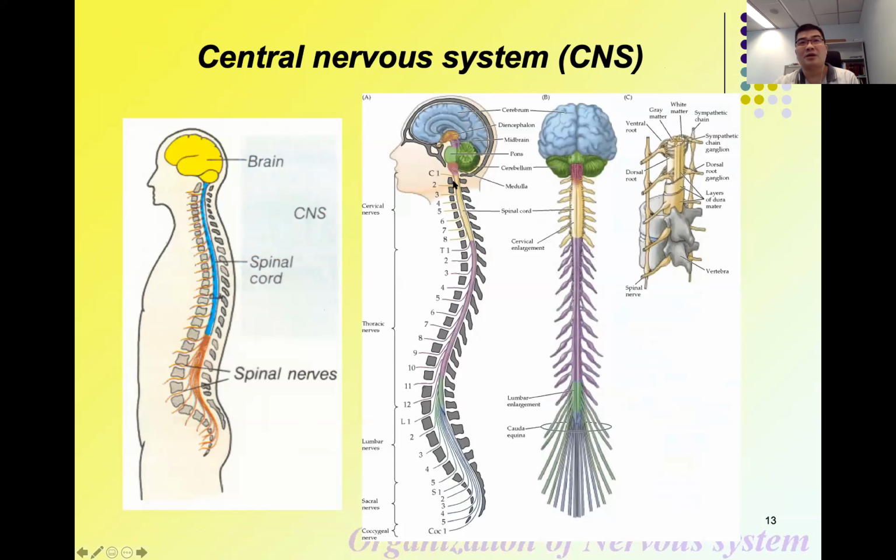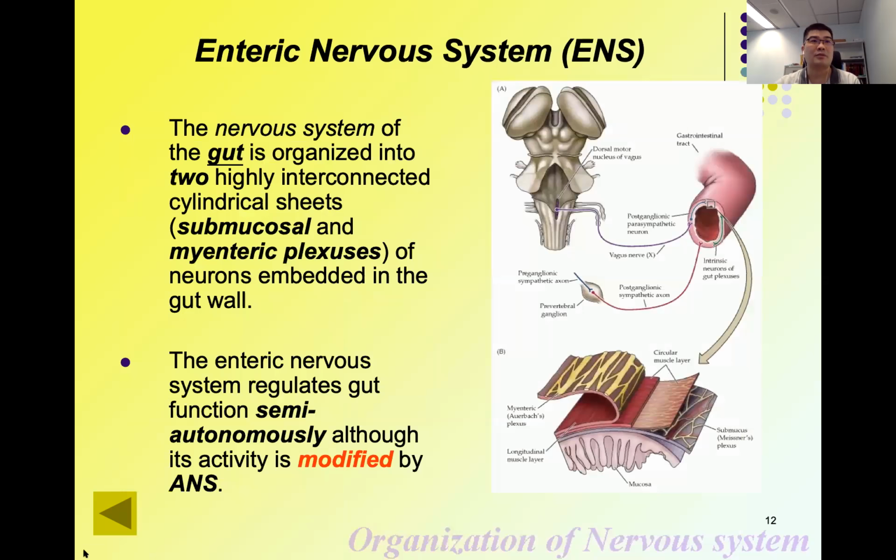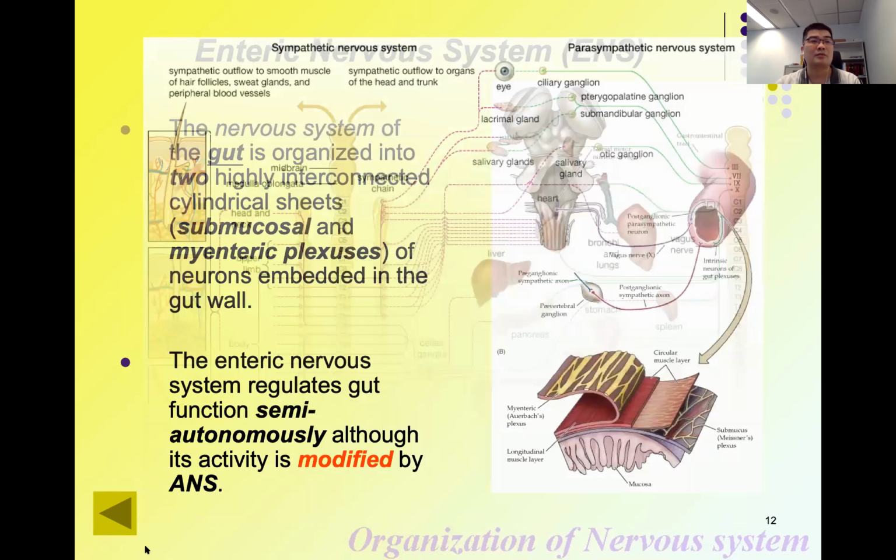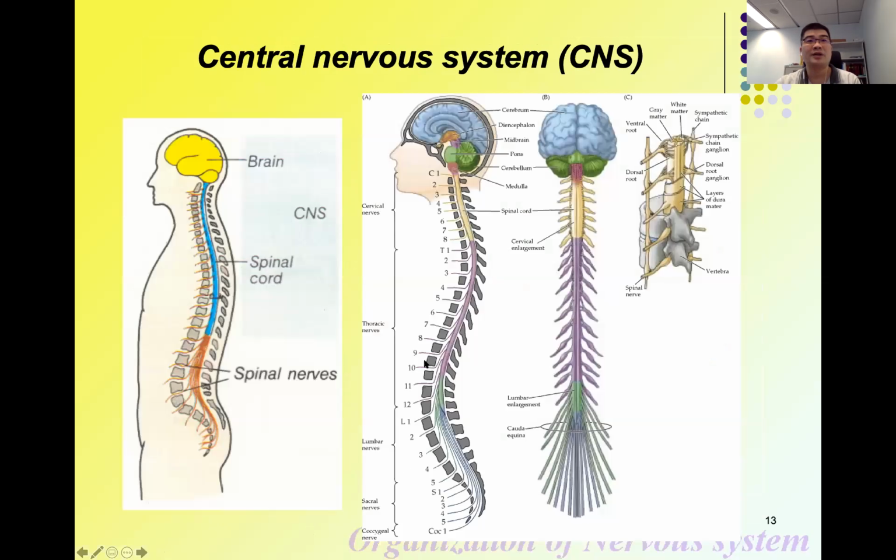However, each section of the spinal cord is divided from C1 all the way to S4 or S5. You see that from this sacral part, those nerves are still coming out, or the thoracic part still coming out over here, all the way down to S1 to S5.